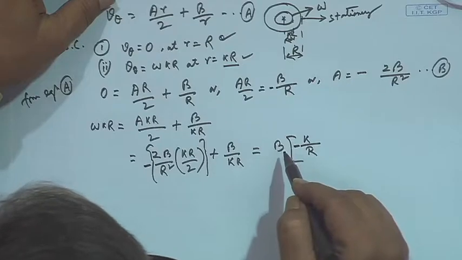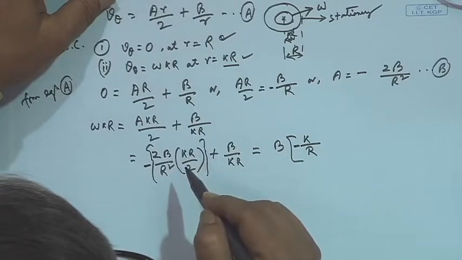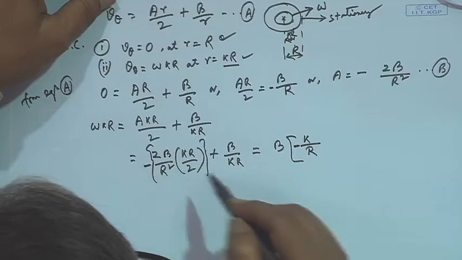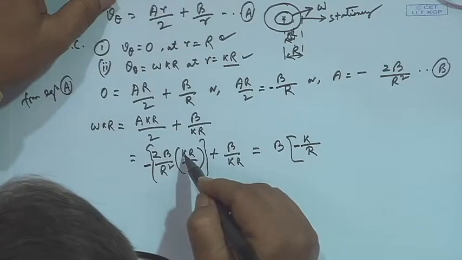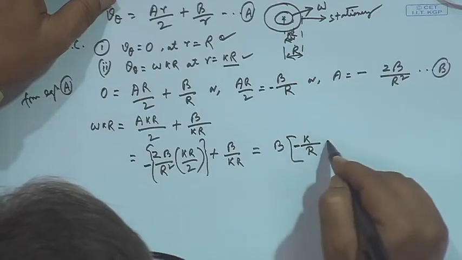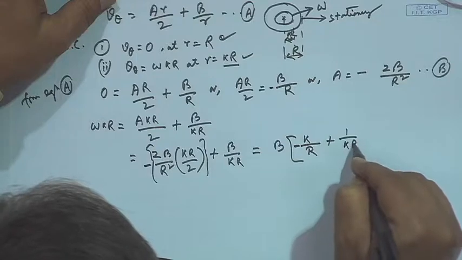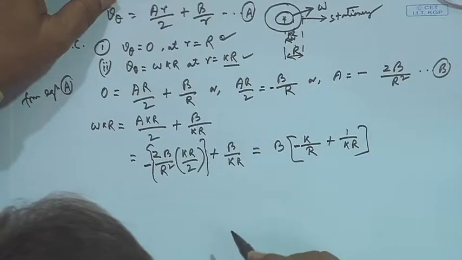So, if we take B common, then R square, R goes out, 2 goes out, then B remains out, minus K by R plus 1 by KR, right.